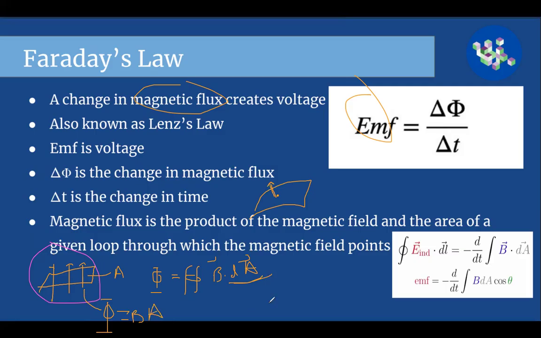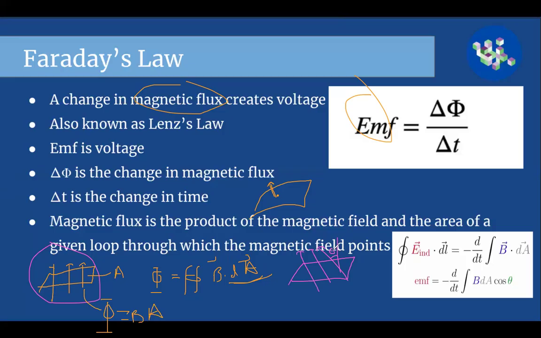Now imagine if I instead had this as my surface still, it's still horizontal, but this is what my magnetic field looks like. So it's slanted, and let this angle be theta with the vertical.